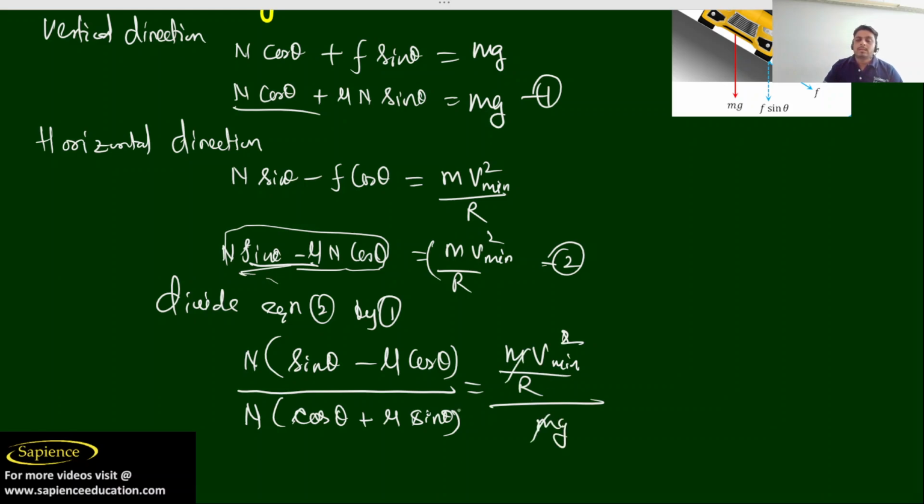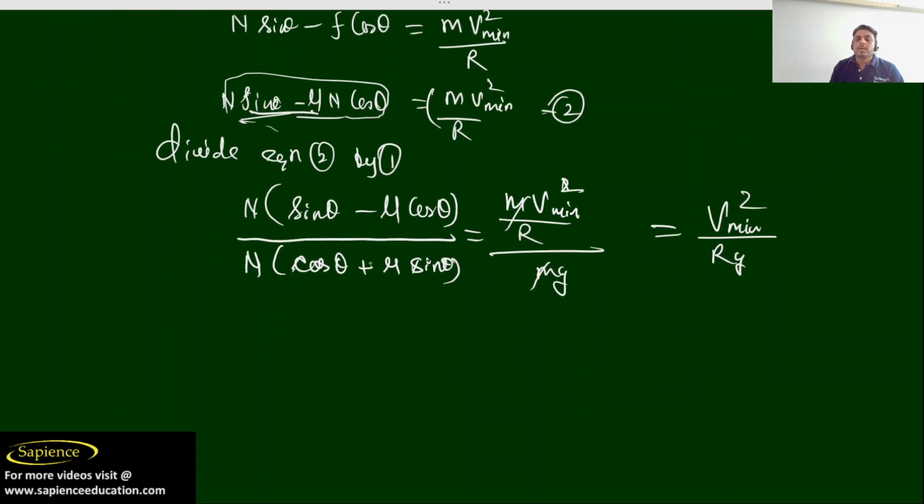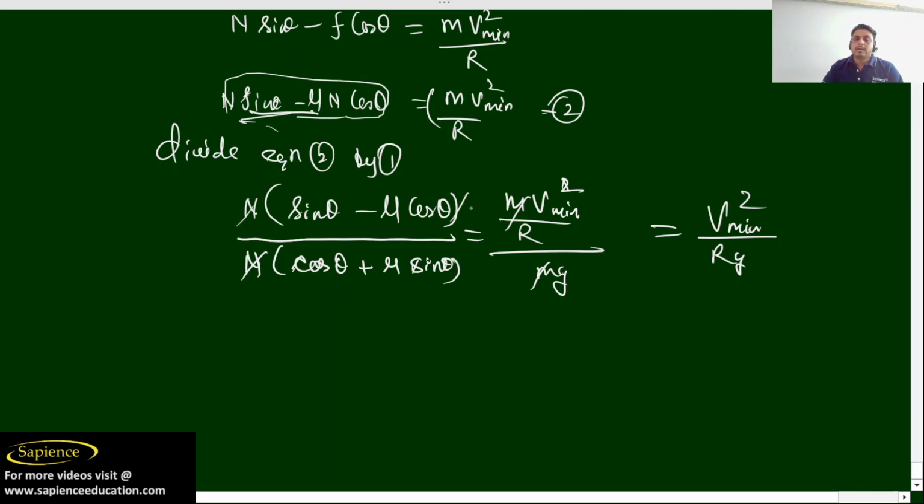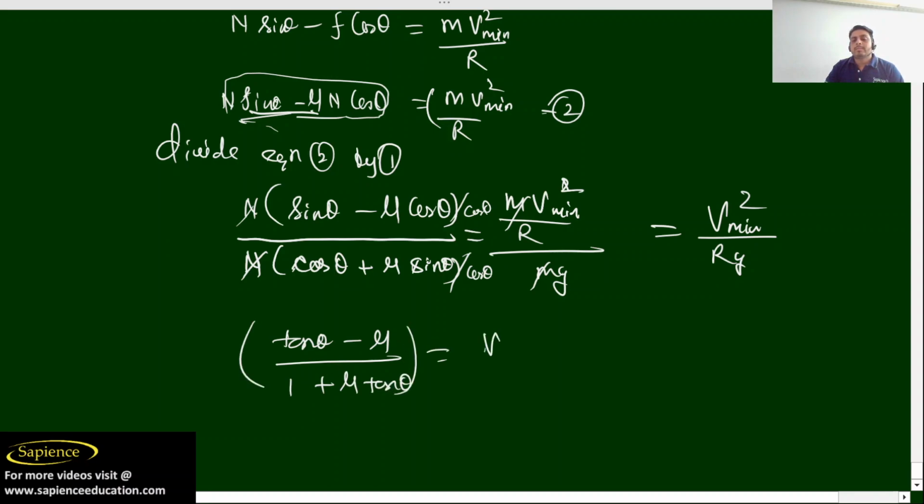The m cancels, so it will be v minimum square by rg. Now we can cut the N and divide both by cos theta. So I will get tan theta minus mu divided by 1 plus mu tan theta, equal to v minimum whole square by rg.